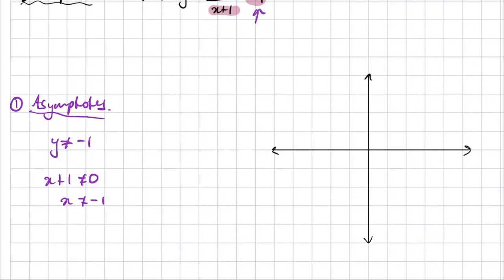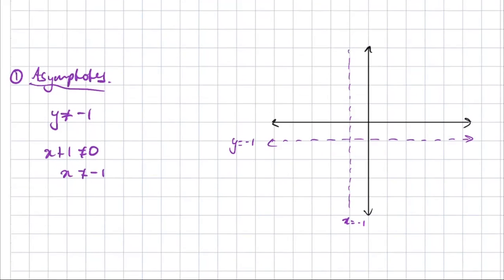We'll add a little bit of scale to help us out. So we have our vertical asymptote here at x equal to -1, and our horizontal asymptote here at y equal to -1.